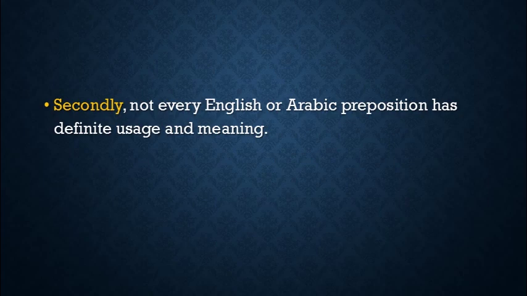Like I said, in the example of in that we mentioned before, the books are in the box, in here means في, and I'm interested in, here it has another meaning. So coming after interested, it leads to another meaning.